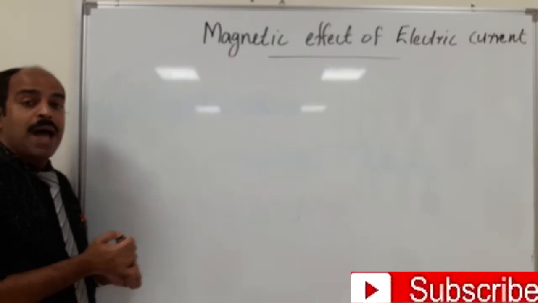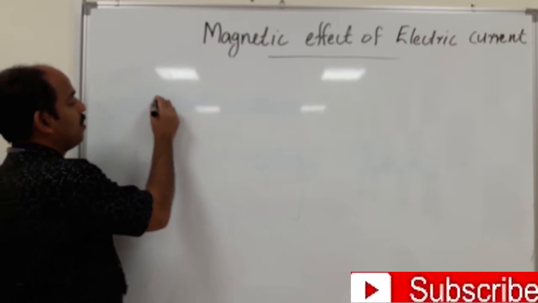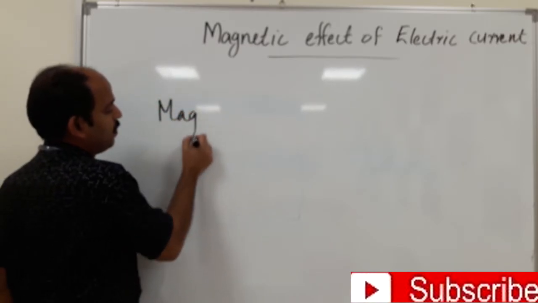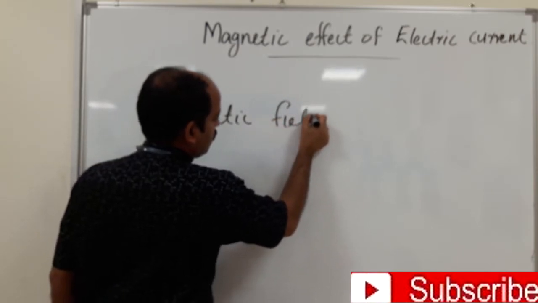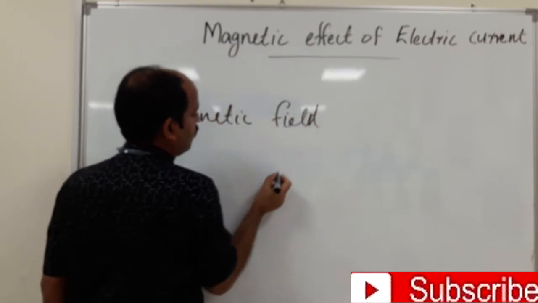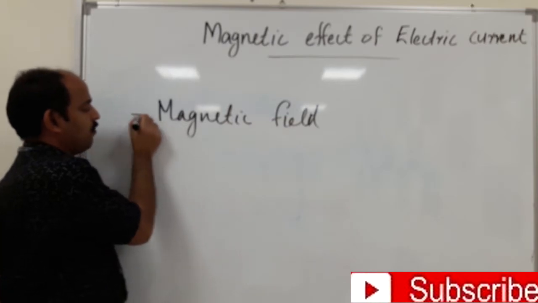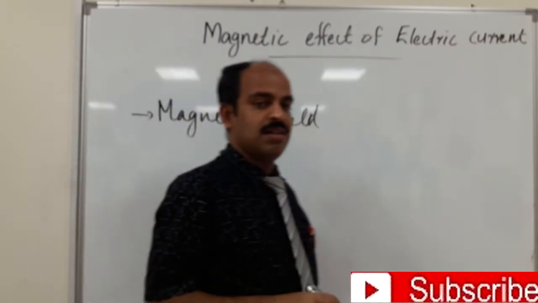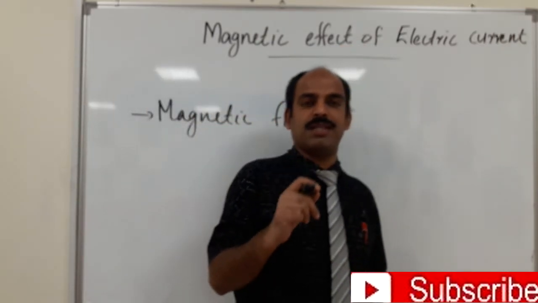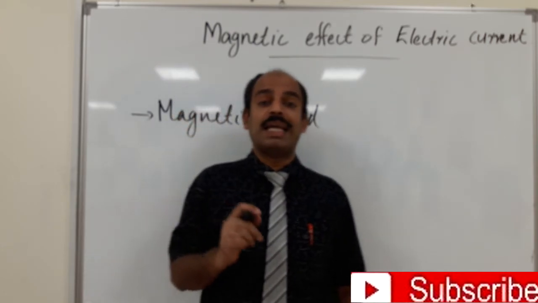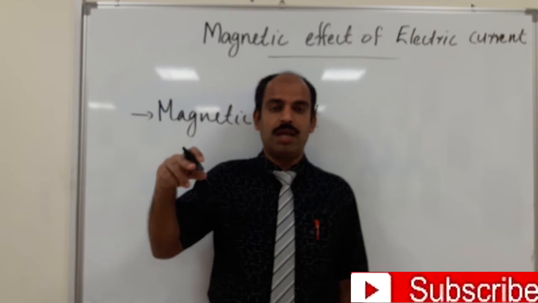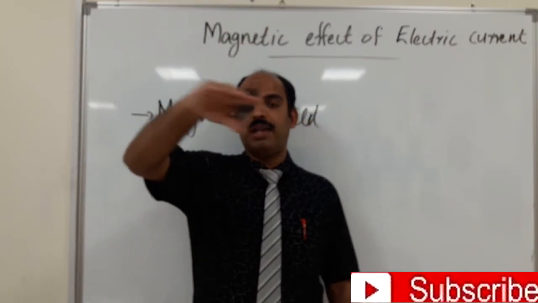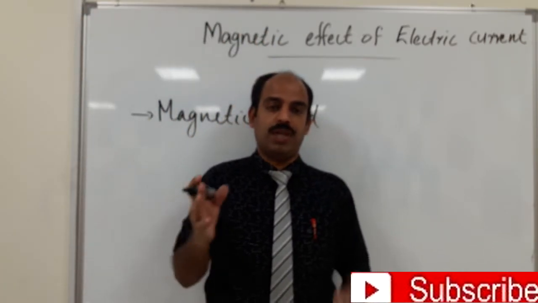Now we have the magnetic field. What is a magnetic field? We know what a field is. For example, during a cricket match, when one team is bowling, the other team is standing around the wicket to catch the ball.